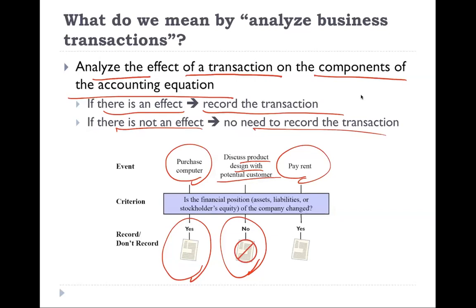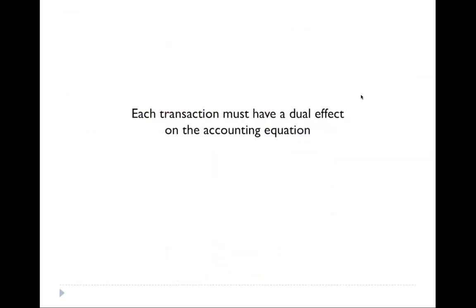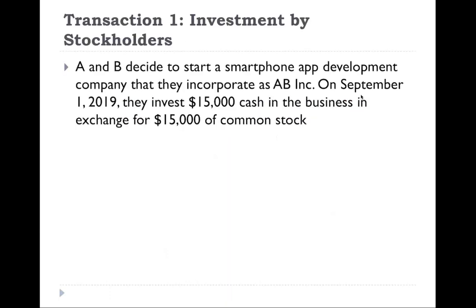So it does affect the firm's accounting equation, which means that we do need to record it. In other words, each transaction must have a dual effect on the accounting equation. And let's look at some examples of transactions.